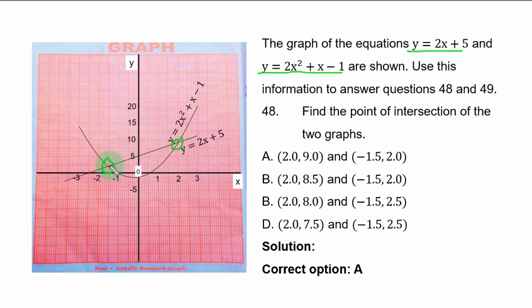So from this point, if you trace it down, you have minus 1.5, and if you trace to the y-axis where the line is, if you count it, okay, this is where the line is now, the point of intersection. It is the 4th line from the origin.